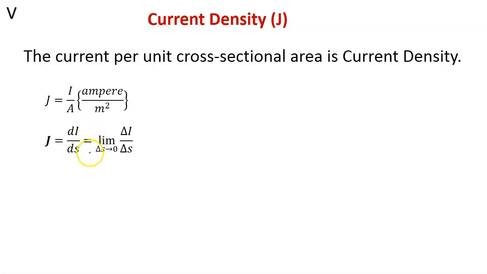In more correct mathematical version, when we expand this derivative operator in terms of limit, we consider delta S to be an infinitesimal small area, which is a cross-sectional area normal to the motion of charges, and a small amount of current delta I is flowing across this infinitesimal small area, and this offers us the definition of density of flux.